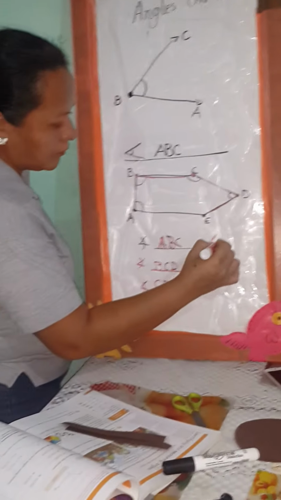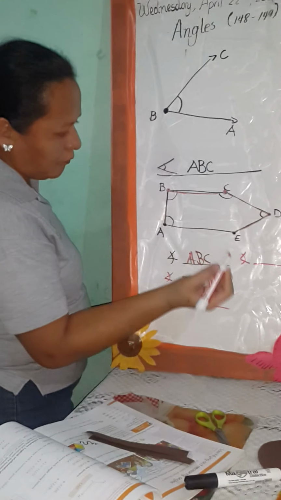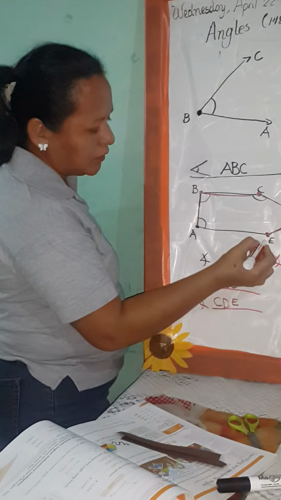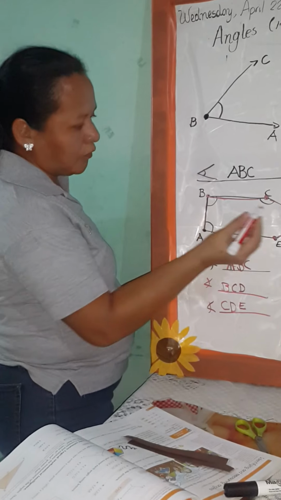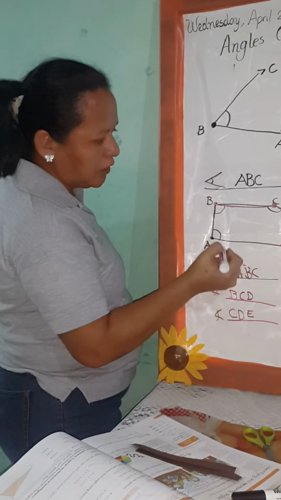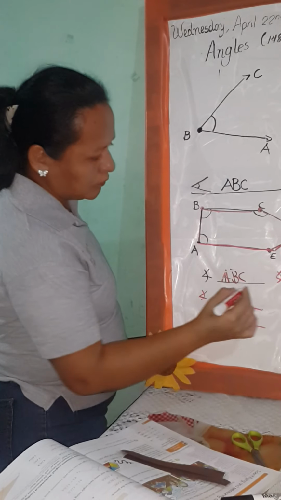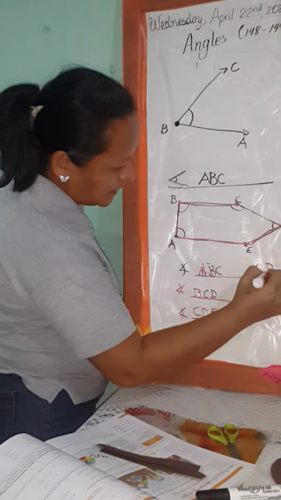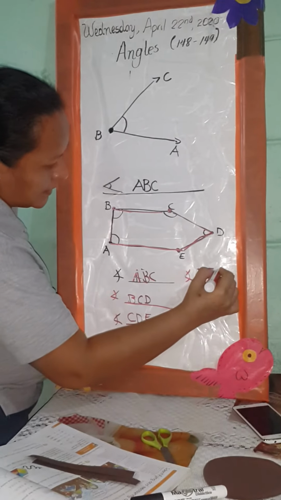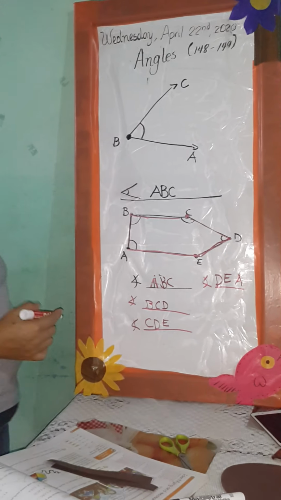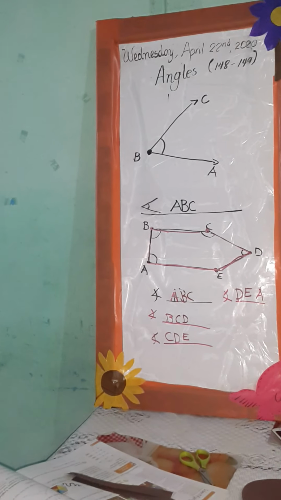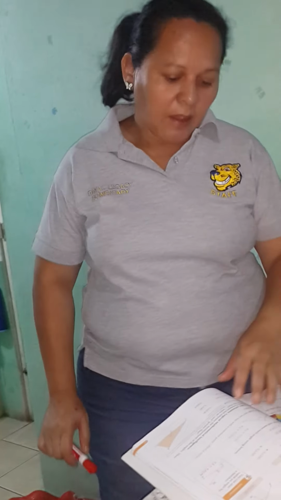For example, if you want, you can read from here to here, or from here to here. For example, if I read from D to the A, you say D, E, A. Okay? That will be number 4. So this is the way that you read the angles in a figure.